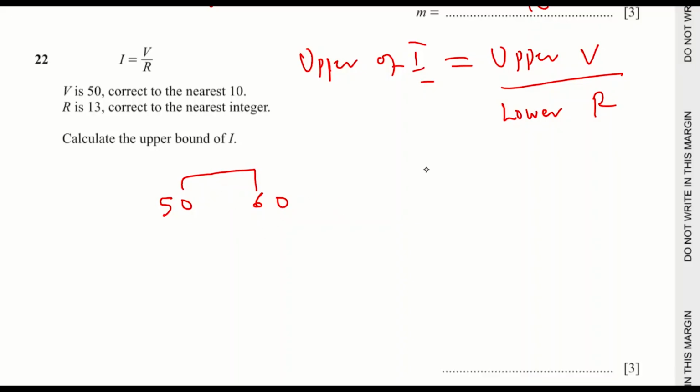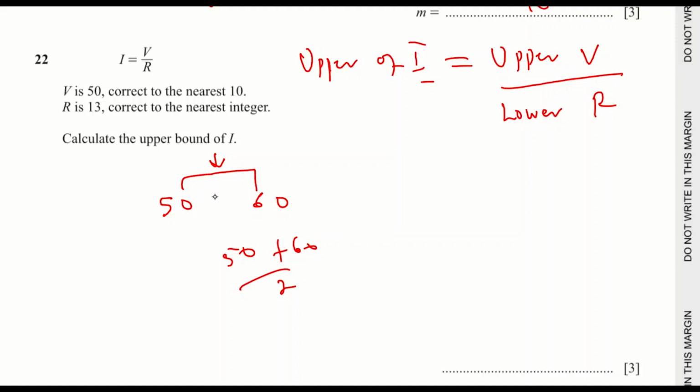So I can say the upper bound equals 50 plus 60 divided by 2, that should give us 55. Although you can easily get it from here: the average of 50 and 60, or the midpoint, is 55.